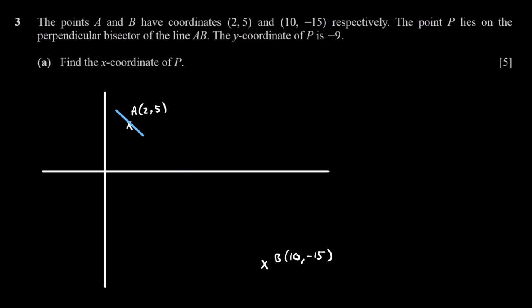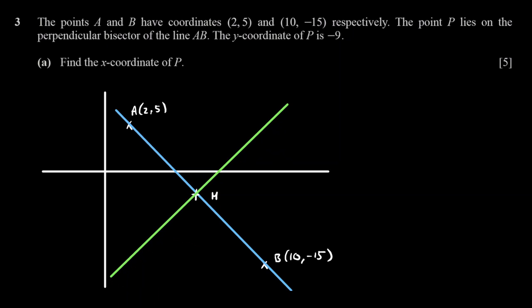The line AB kind of goes through like that. And the perpendicular bisector is the line that goes through the midpoint of AB. So it's going to go through this point here, the midpoint, M. And it's got to run perpendicular to it. So this line here, let's say, like that. Okay, perpendicular.